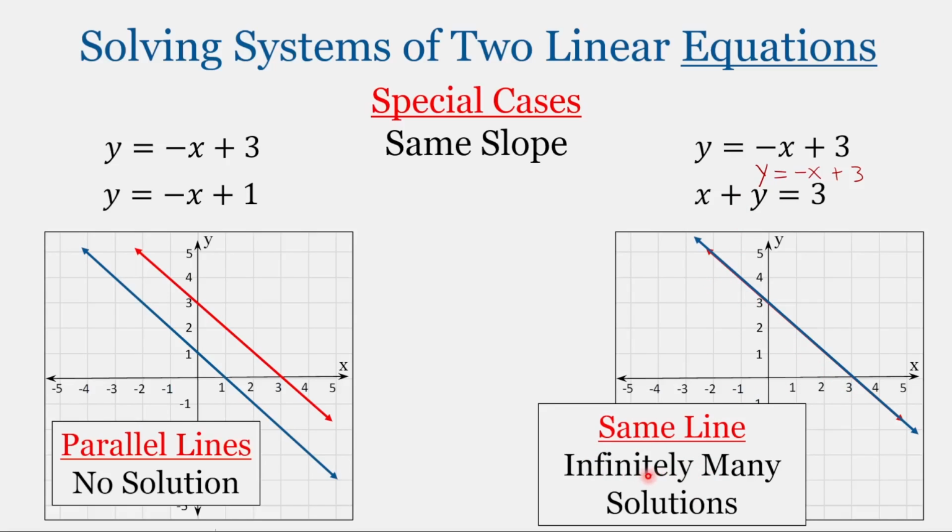And in this case, we're going to have infinitely many solutions because every point that's on these lines, and there's an infinite number of points on these lines, they're all solutions to this system. Again, when we're looking at two linear equations, we have special cases when the two lines have the same slope. They're either parallel lines, meaning they never cross each other, so there's no solution, or they're the same line. And in that case, we have infinitely many solutions.